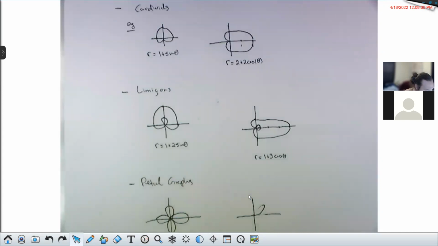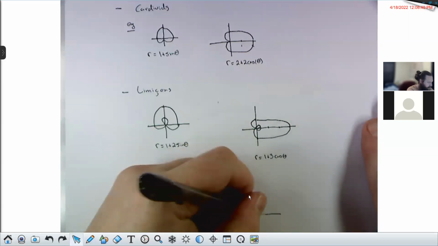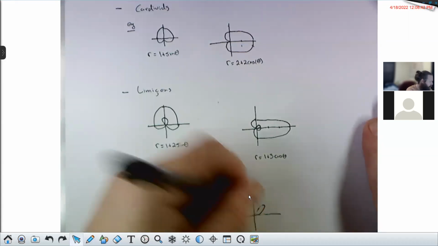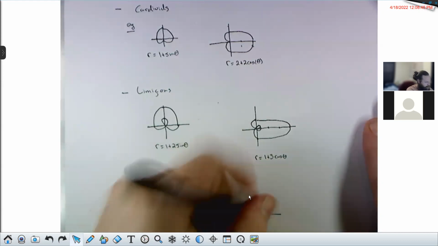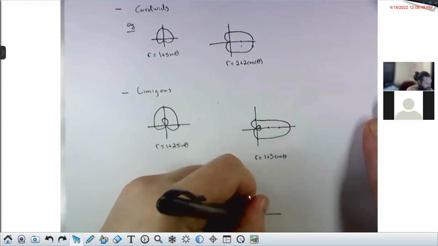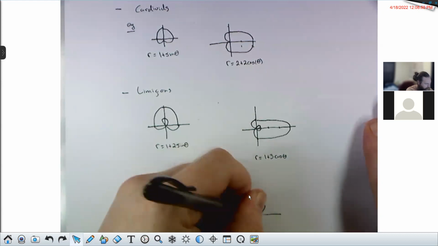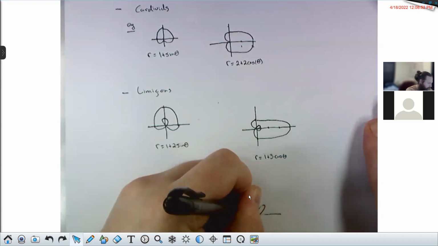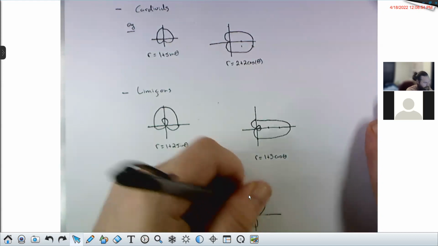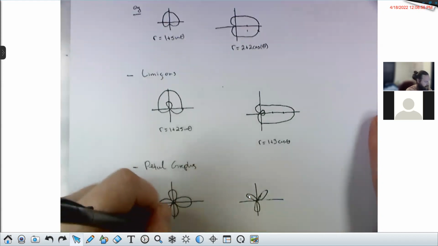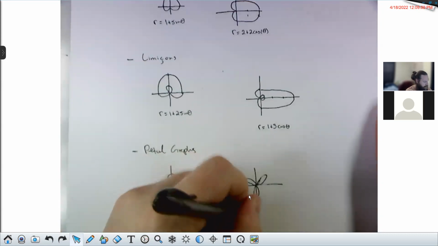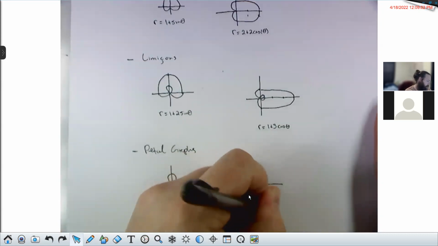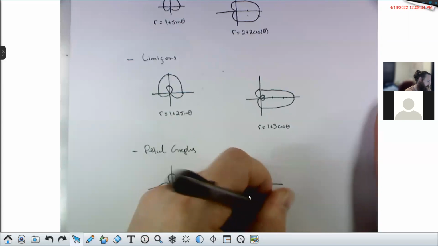They look like r equals sine of 3 theta or something like that.